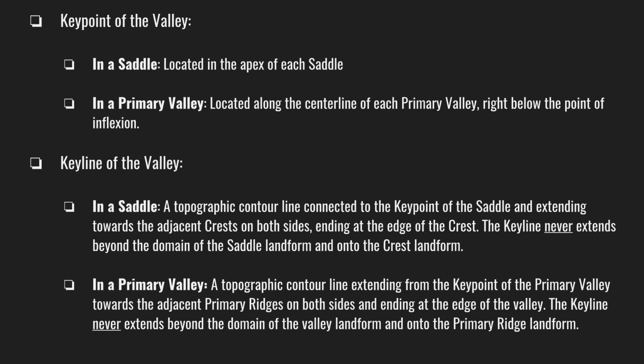So the key line never extends beyond that edge onto the actual crest. Similarly, in the primary valley, the key line is a contour line that extends from the key point on both sides towards the adjacent primary ridges and ends at the very edge of the valley. So it does not extend onto the actual primary ridge.